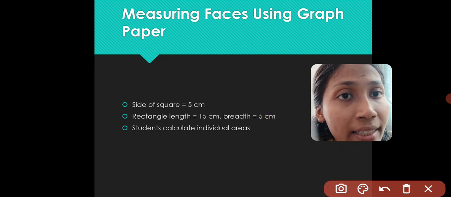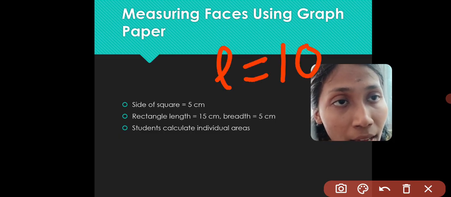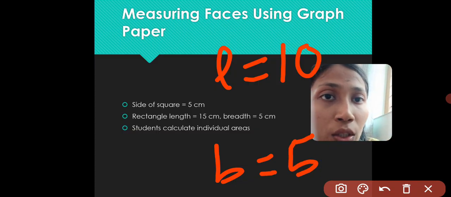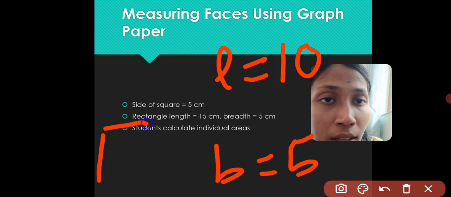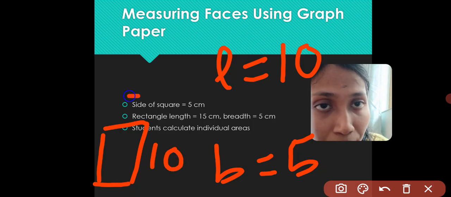We can take the rectangle's length as 10 and breadth as 5.